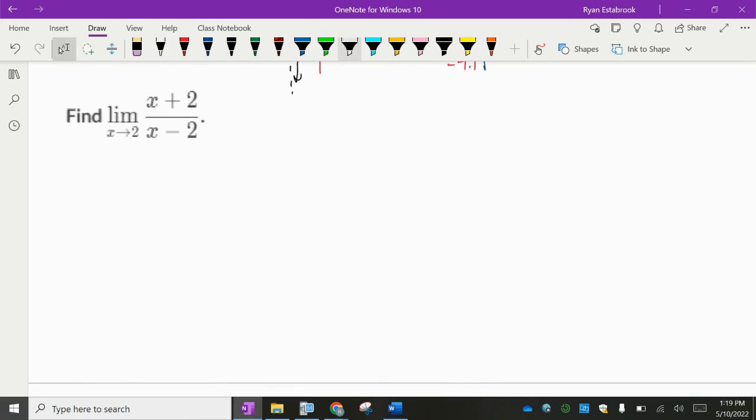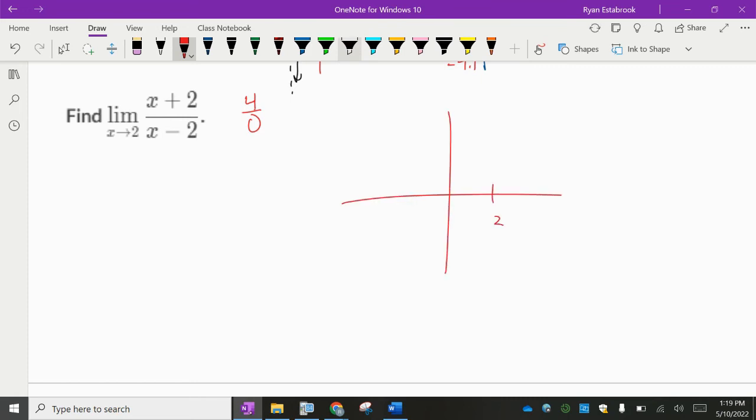Next one. The limit as x approaches 2. So again, this is another function form. What I would prefer to do is just plug in the value, and hopefully I get a good answer. So if we plug in 2 for this one, we get 4 in the numerator, 0 in the denominator. Darn. Okay, so it's another one of those weird ones. There's 3 options. It could be infinity, or negative infinity, or it could be does not exist.